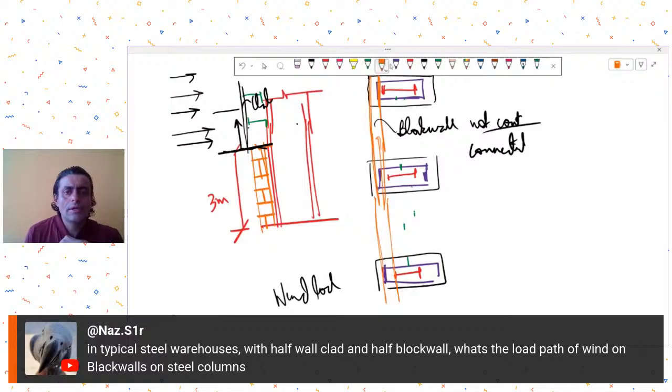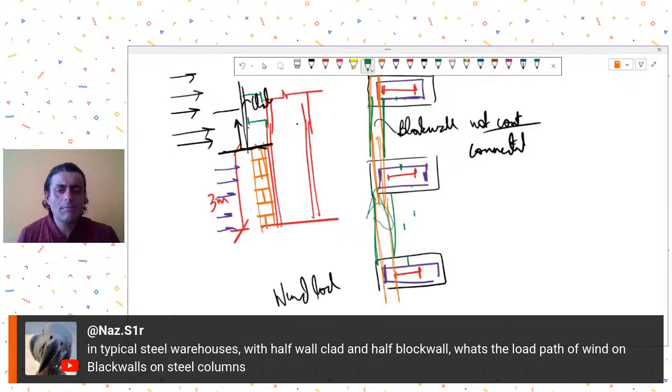For the wind load acting on this brick wall, because it is independent, we will assume that the wind load on the brick wall will be transferred to your ground beam and the pedestal below. Now that pedestal and ground beam are so large in size that they will easily be able to take those wind loads, and you need not worry about it as much.